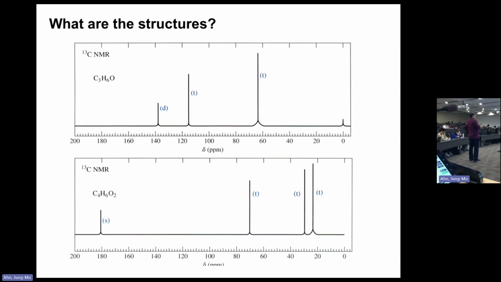So these will be double bonds. We know each double bond carbon has a maximum of 2 hydrogens, right? So this one just has 1 hydrogen, that one 2 hydrogens, so you can figure out what pieces that could be. And that one is a triplet appearing at 65.